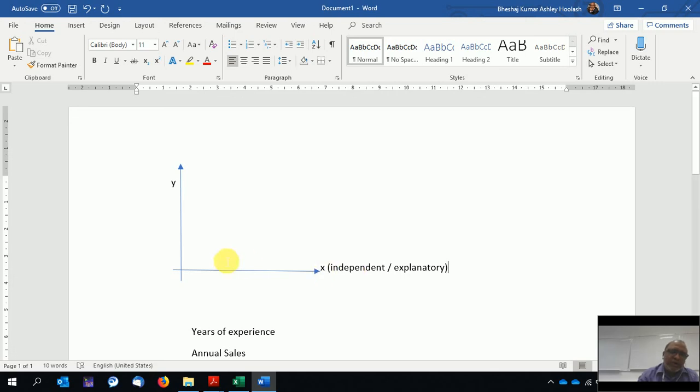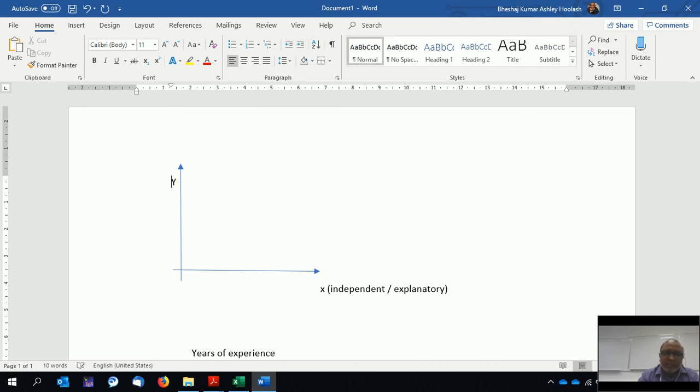Similarly for y, another word for y-axis would be the dependent axis, variable, and the response variable.